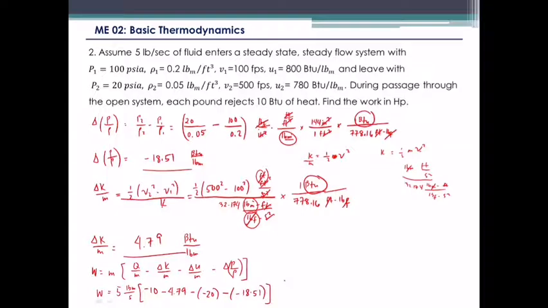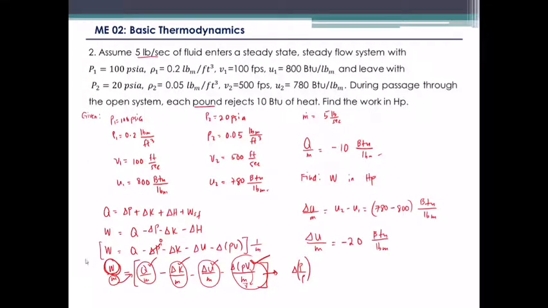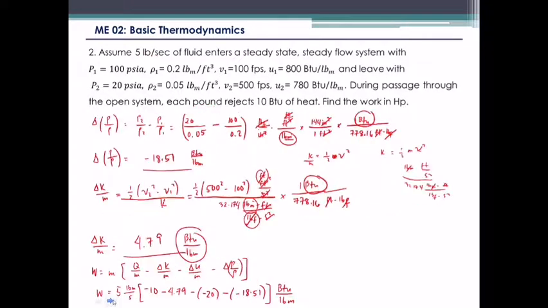All of these units are BTU per pound mass.